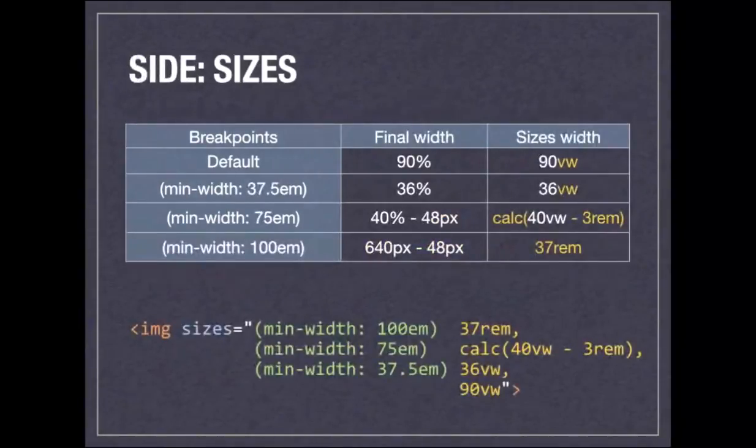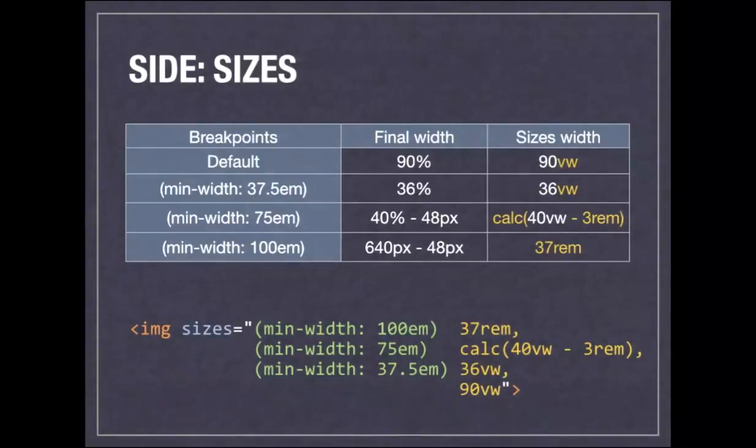And we can do the same thing with sidebar images. We had our math here, and we had some mixing of percentages and pixels, and with that you can use calc. You can use calc to mix those two things together. And that has really good web support back to like IE9. So you can use that.